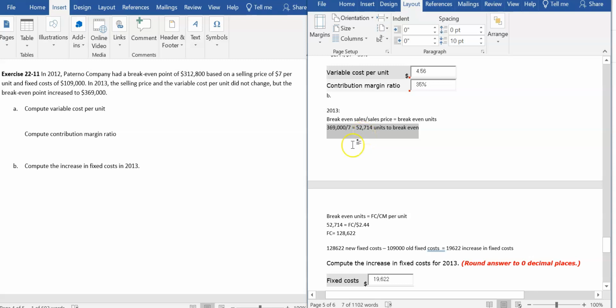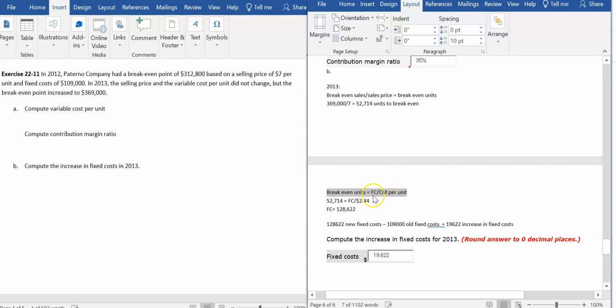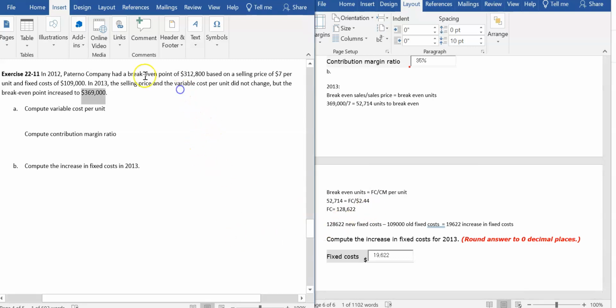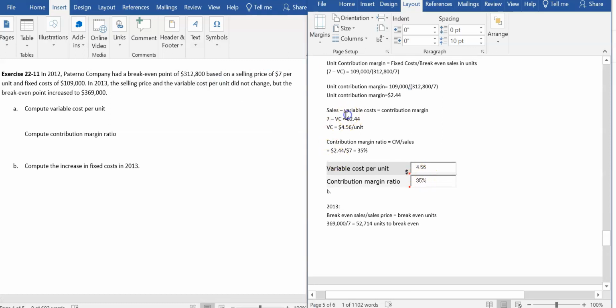We know that in order to calculate the break-even point in units, we take the fixed cost, divide by the contribution margin per unit. We know that the new break-even point in units is 52,714. We don't know the fixed cost, but we know the contribution margin per unit stayed at $2.44 because the selling price and variable cost per unit did not change.